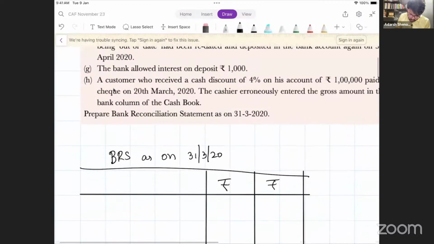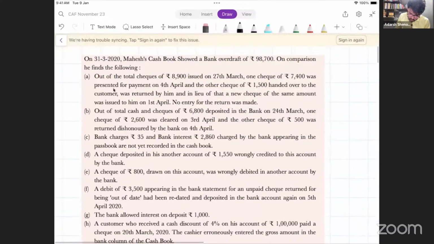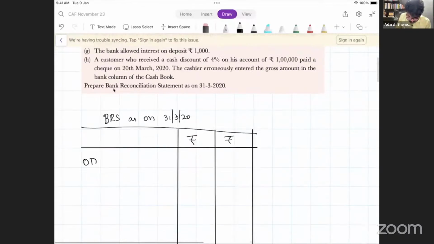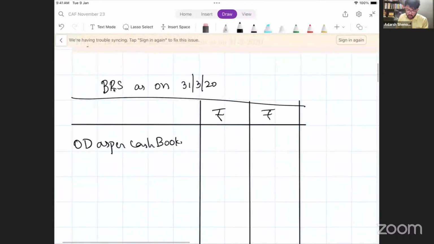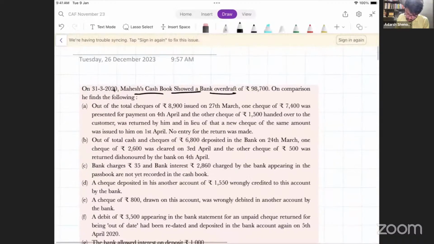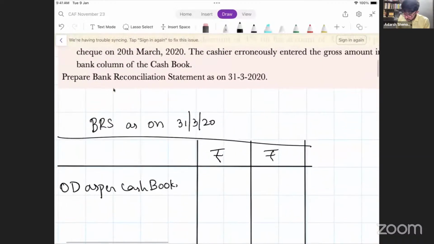So what have they given first? Mahesh's cash book showed a bank overdraft. So it's an OD or credit balance as per cash book, a negative balance in our books. You can also write OD balance as per cash book. How much is that? 98,700.